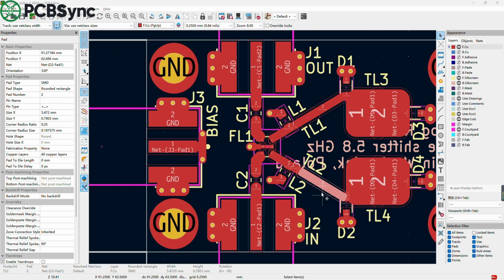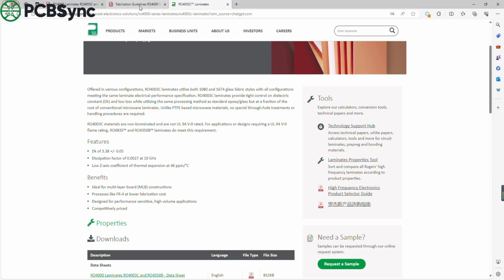Third, we have to recalculate the transmission line length because the design's dielectric constant, Dk, has changed, so the physical length required to achieve the same phase shift will also change. Finally, we also need to consider the roughness of the copper foil, surface treatment, connectors, and manufacturing tolerances, because these factors will affect insertion loss and phase results.